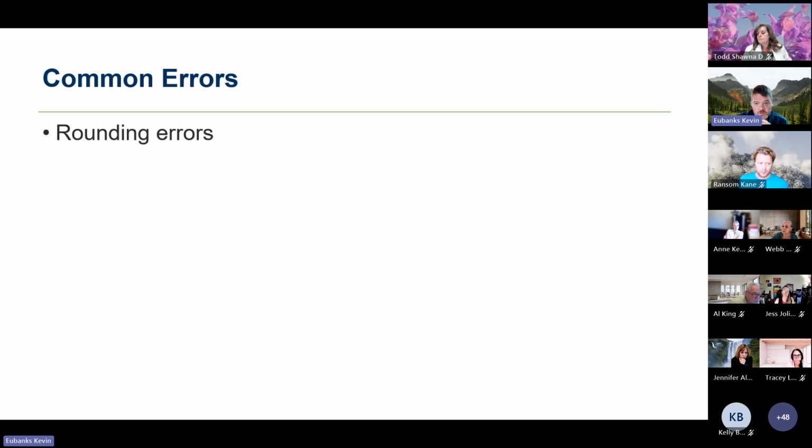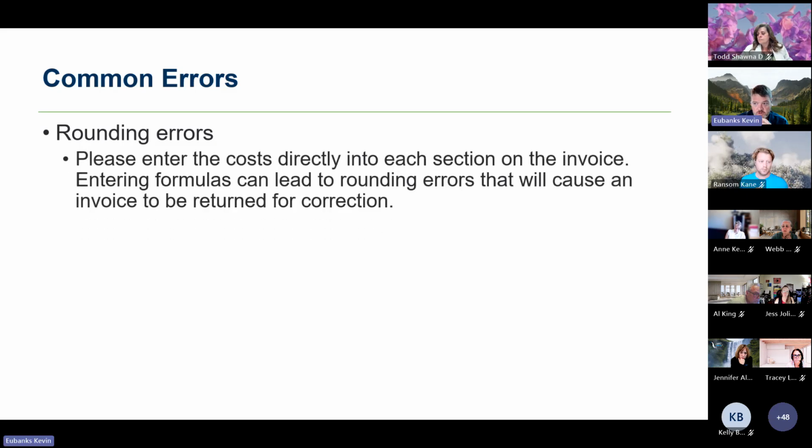So first one is typically rounding errors. With the rounding errors, please enter the costs directly into each section on the invoice. Entering formulas in there can lead to rounding errors that will cause an invoice to be returned for correction. A lot of times you have a sum or total, and it actually sums up prior to rounding.